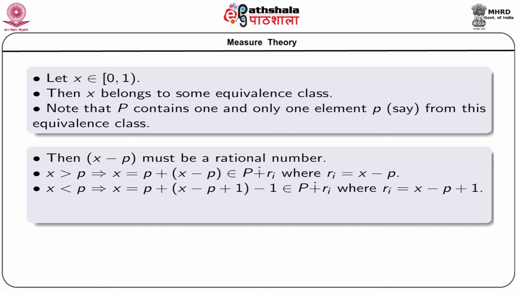So, this belongs again to P plus dot r_i, where we take the rational number r_i as x minus p plus 1. So, in any case the point x belongs to some P_i, and this shows that the union of all the sets P_i is [0, 1).